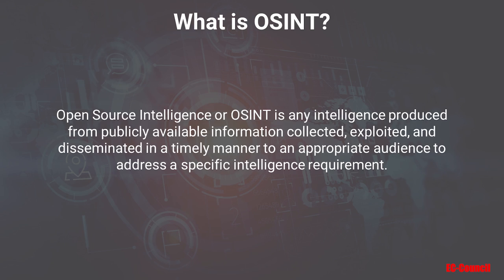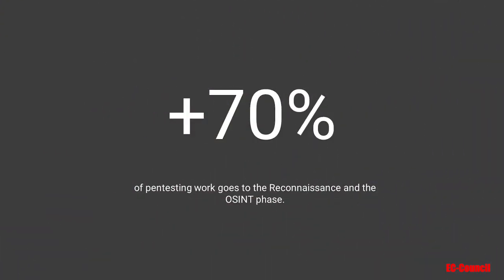Now, I would like to share a cool fact that is relevant to open source intelligence investigations. Over 70% of pen testing work goes to the reconnaissance and the OSINT phase. As you are maybe aware, pen testing, or penetration testing for a longer title, is a task when a cybersecurity expert or a pen tester attempts to find and actively exploit a vulnerability in a computer system.